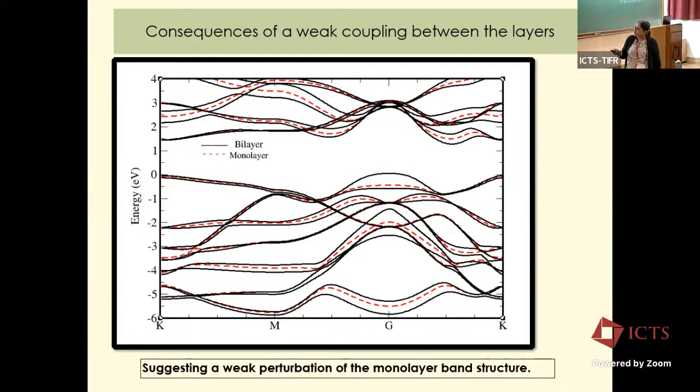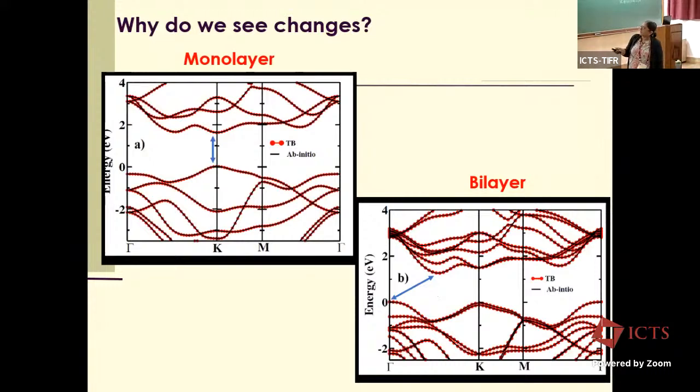Okay, so essentially, just to prove the point, what we did was we mapped the ab initio band structure, which is shown in the black line over here, overlaid with the tight binding model, which was fitted to this for both the monolayer and the bilayer. We have a good description.